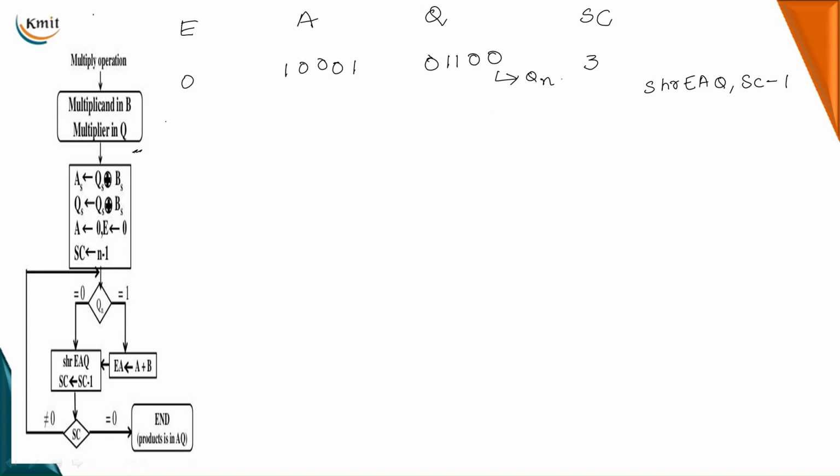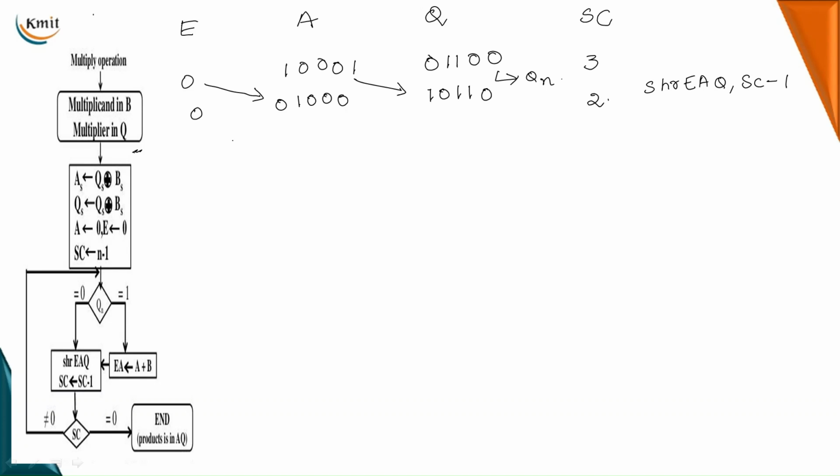So I'm performing a shift right, it becomes 0 here, 0 1 0 0 0, this 1 will come here, 1 0 1 1 0, and sequence counter becomes 2.